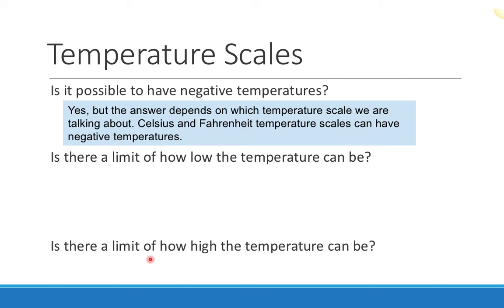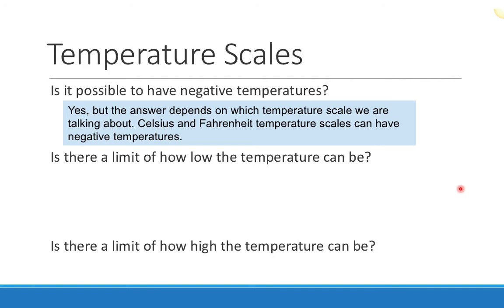So Celsius and Fahrenheit temperature scales have negative temperatures. But maybe if I created my own temperature scale, like the physics professor scale, I could create something that doesn't have negative temperatures, and we're going to get to an example of that. But the answer to that in general is yes. For Celsius and Fahrenheit, we can have negative temperatures.